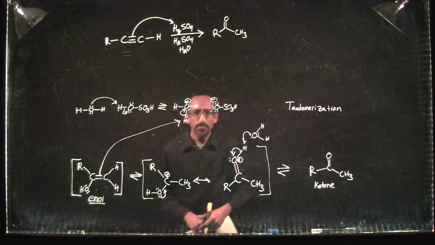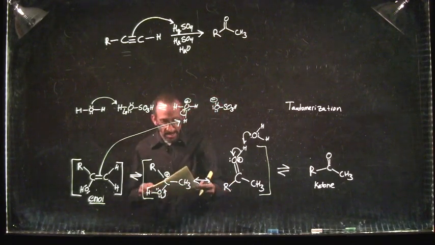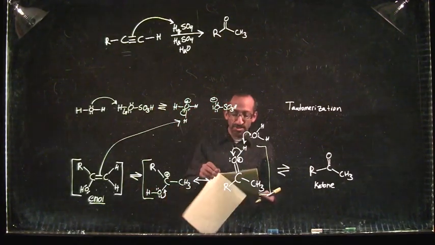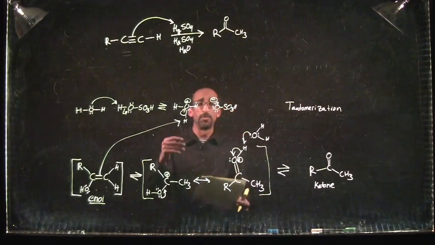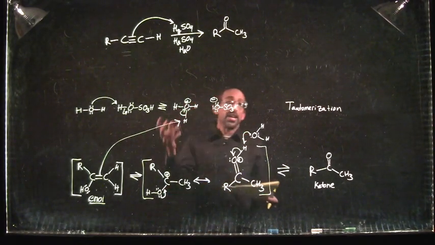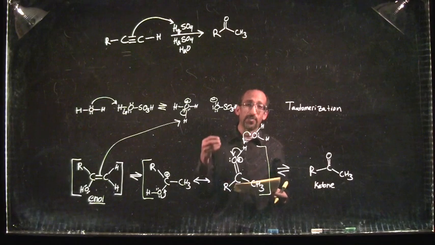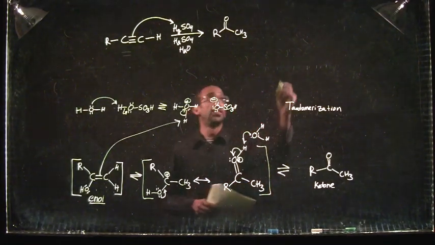Now, I'm going to take a pause here and come right back. Before I do, in the textbook you have a different set of reagents that you can use to do this as well.